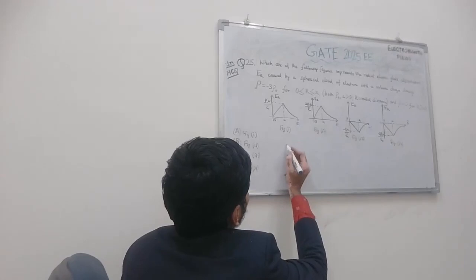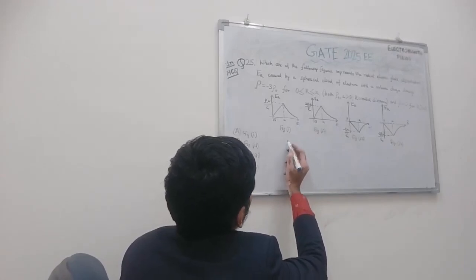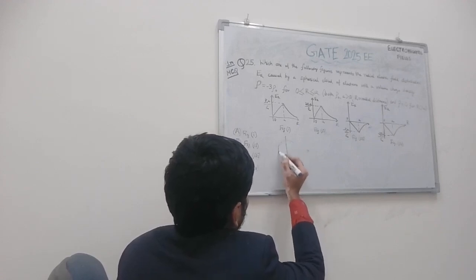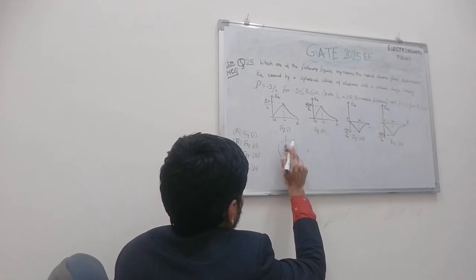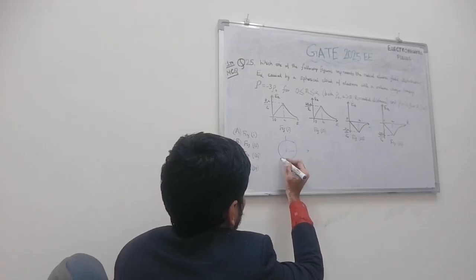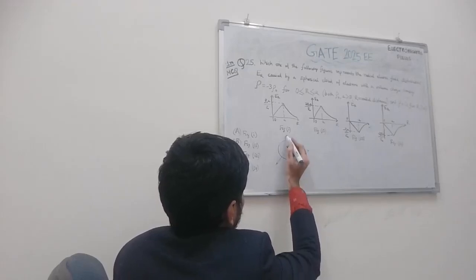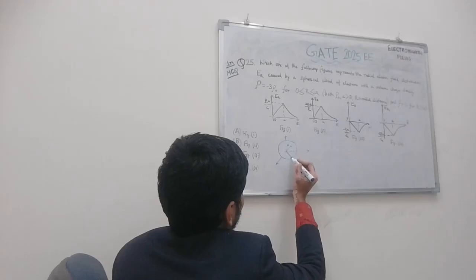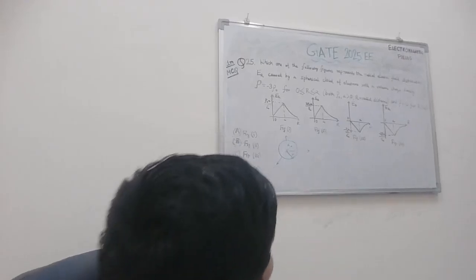So for a spherical cloud of electrons, like this, the distance, say, capital A, is the maximum, right?